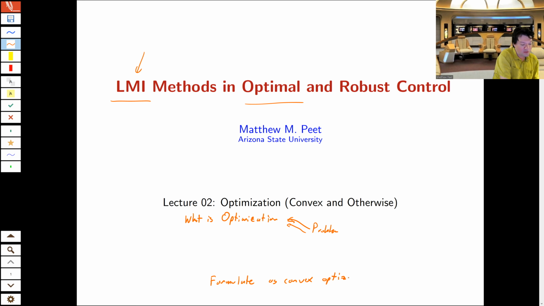We're actually only going to cover the convex class of optimization problems at the end of the lecture. Really, we're going to be talking about tricks for changing your optimization problem from one form to another. And then at the end, we'll say, well, what form are you aiming at? You're aiming at convex optimization problems. The idea is that you can take those tricks and use them to reformulate your problem as a convex optimization problem. So there's several steps to this, and we'll cover them one after the other.